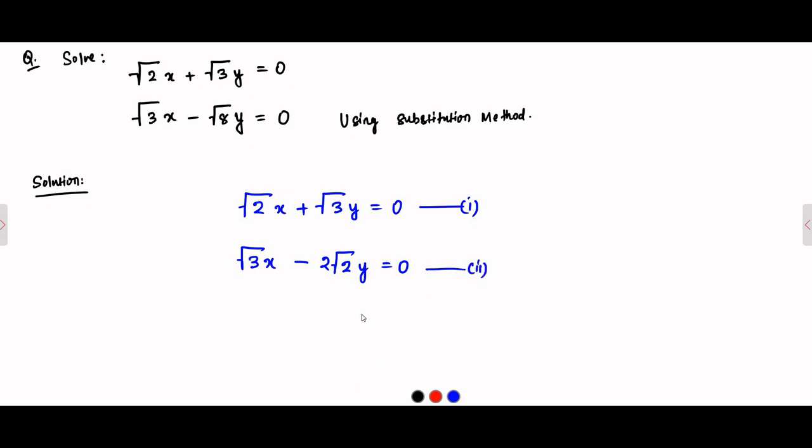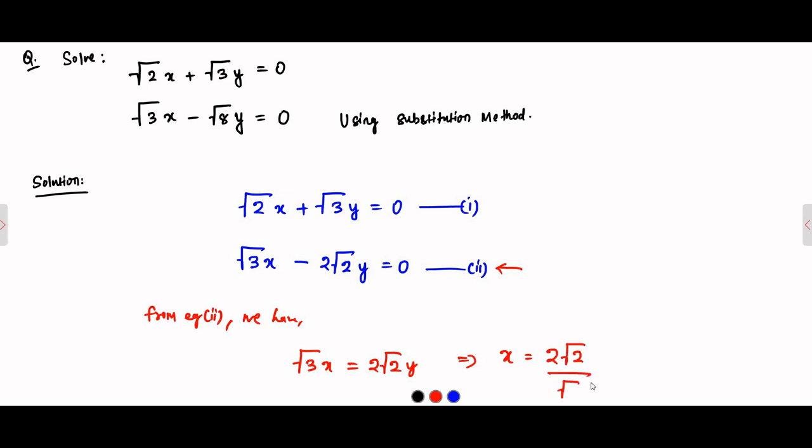Okay, so now from equation 2 we can write root 3x is equal to 2 root 2y, that implies x is equal to 2 root 2 by root 3 into y.